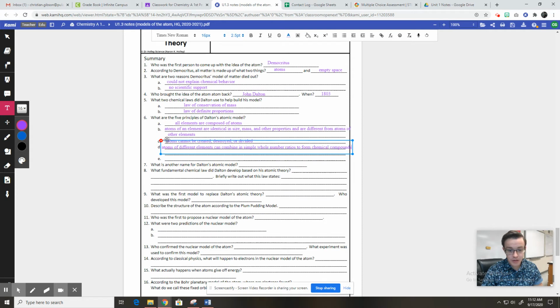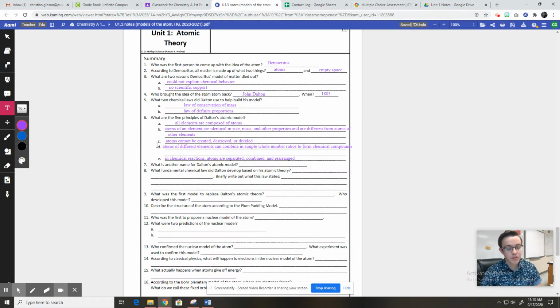That's kind of the foundation for chemistry there. You'll learn more about that later in the class. And finally, in chemical reactions, atoms are separated, combined, and rearranged. And that is also true.